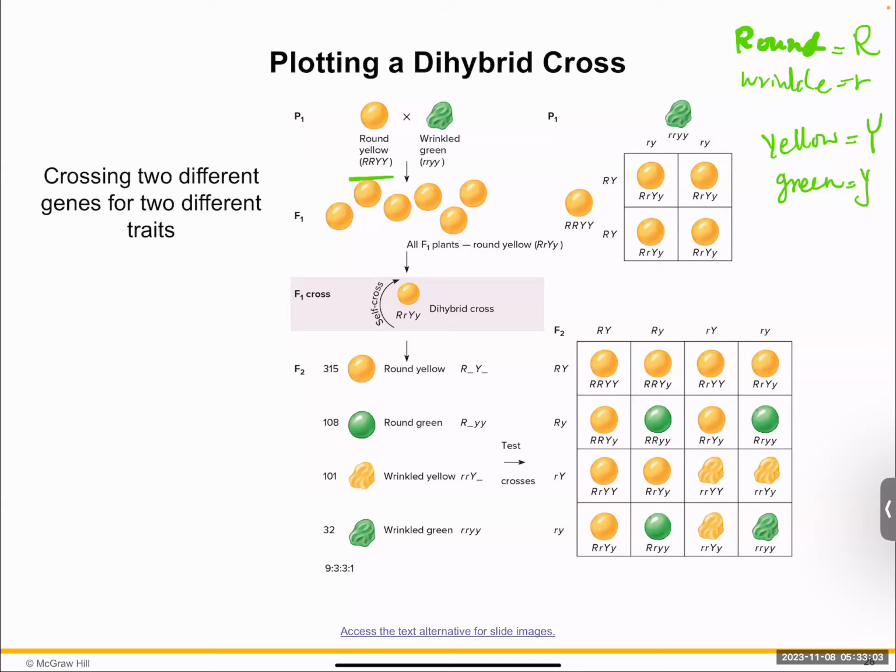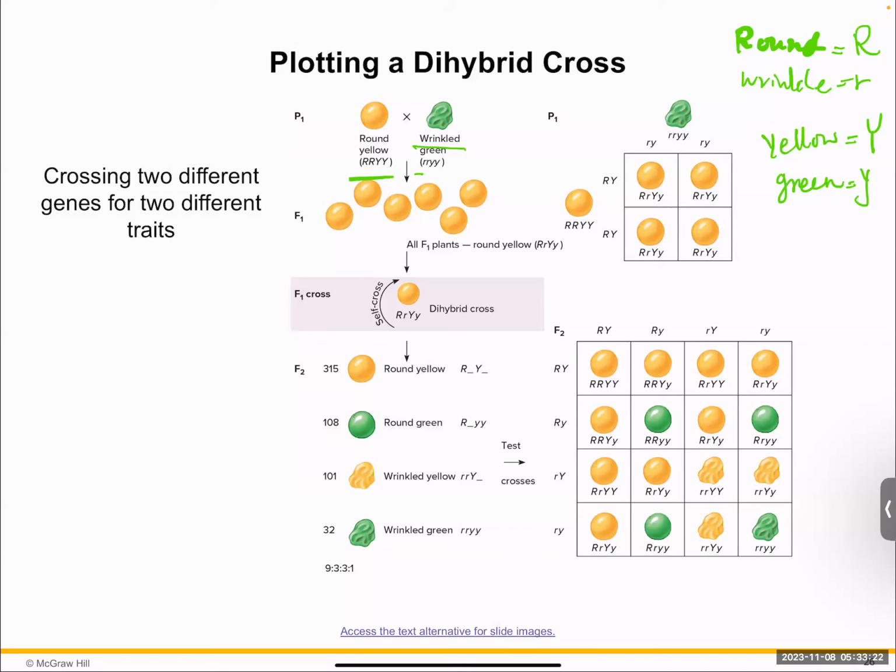And then on the other side, you will have a homozygous recessive for both traits, which means it is wrinkled, lowercase r, and then green, which is the recessive version of the gene, and that would be lowercase y for both alleles.